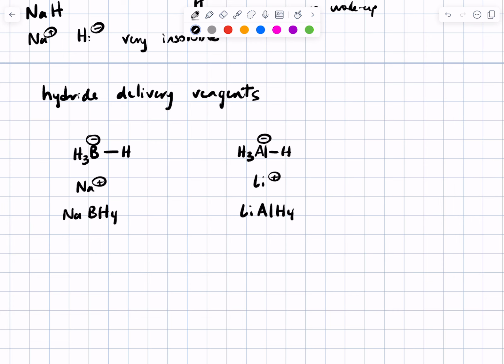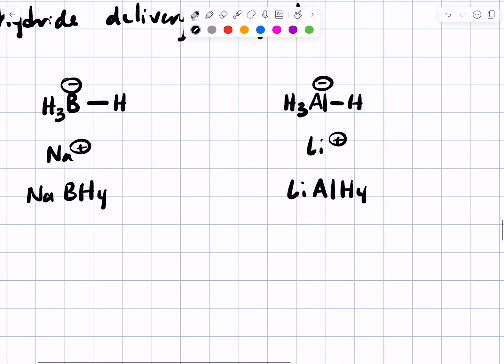These are hydride delivery reagents. The negative formal charge is on the boron or on the aluminum. You can see that it should have a negative formal charge because aluminum and boron normally come with 3 valence electrons. Here they own 4, they're bonded to 4 things, so you get a negative formal charge. Boron and aluminum are actually less electronegative than hydrogen.